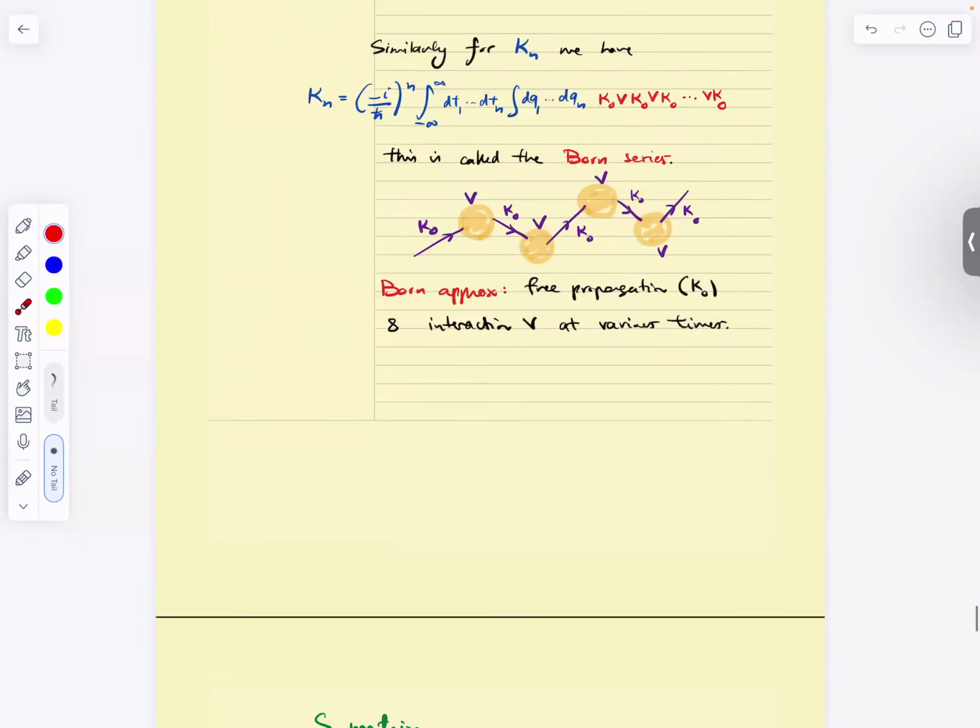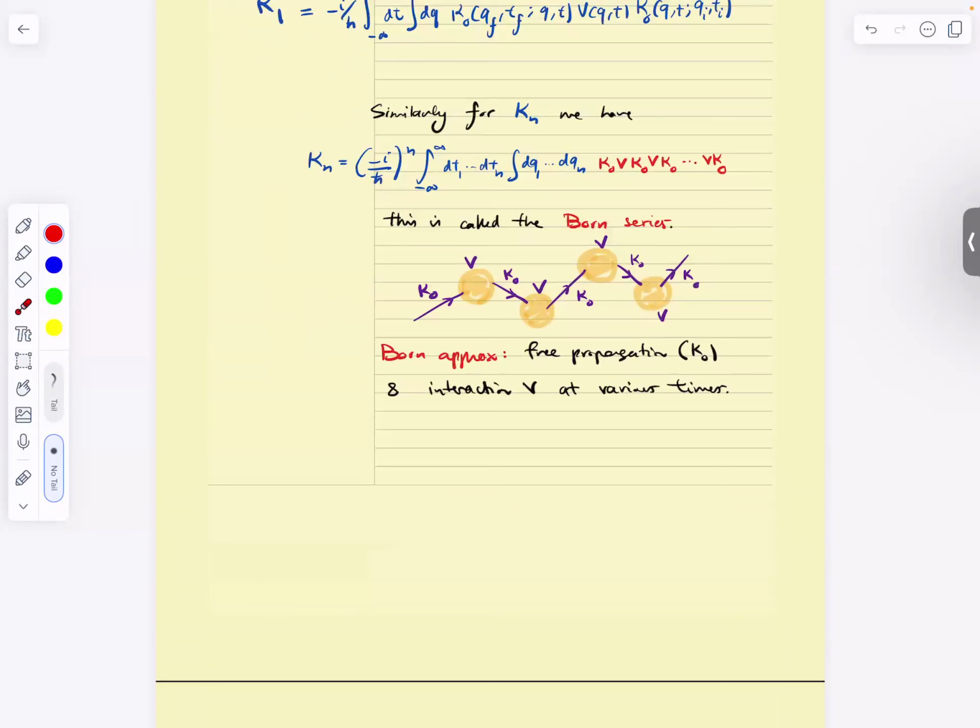Any questions? Why did it not gain a phase? It's like action is assigning a phase to each of the paths. So action is local.